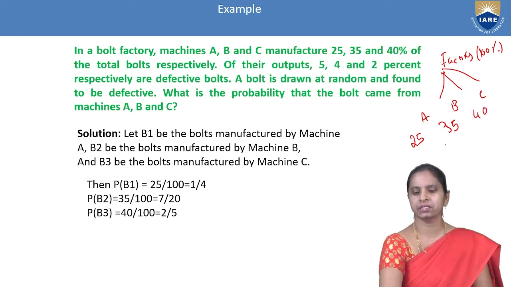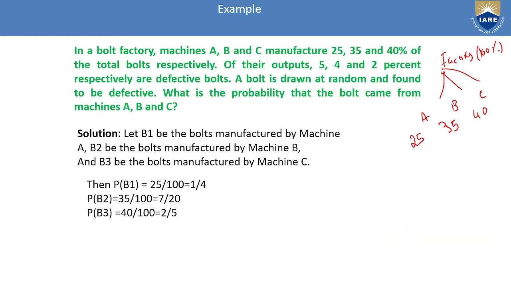So 25 plus 35 is 60, 60 plus 40 is 100. Now, of their outputs, 5, 4 and 2% respectively are defective bolts. It means from machine A, out of 25%, 5% are defective. Machine B, 4% are defective. Machine C, 2% are defective.